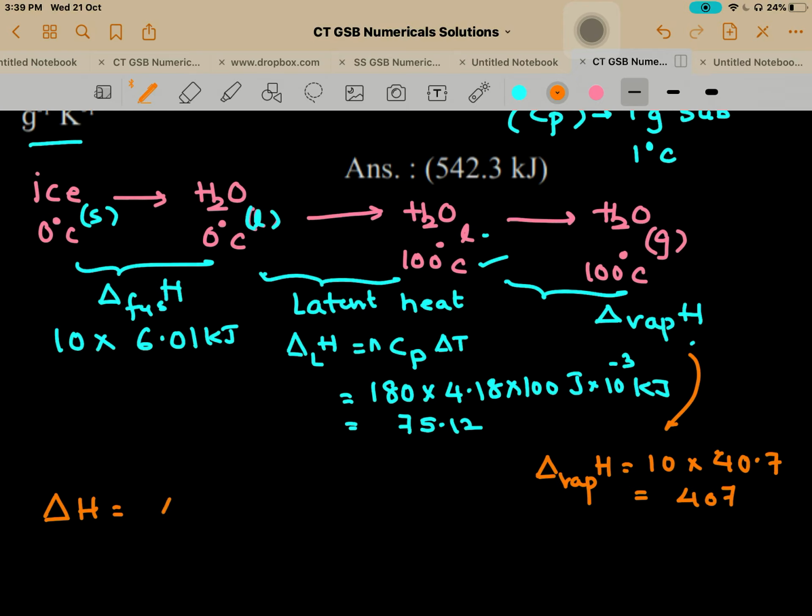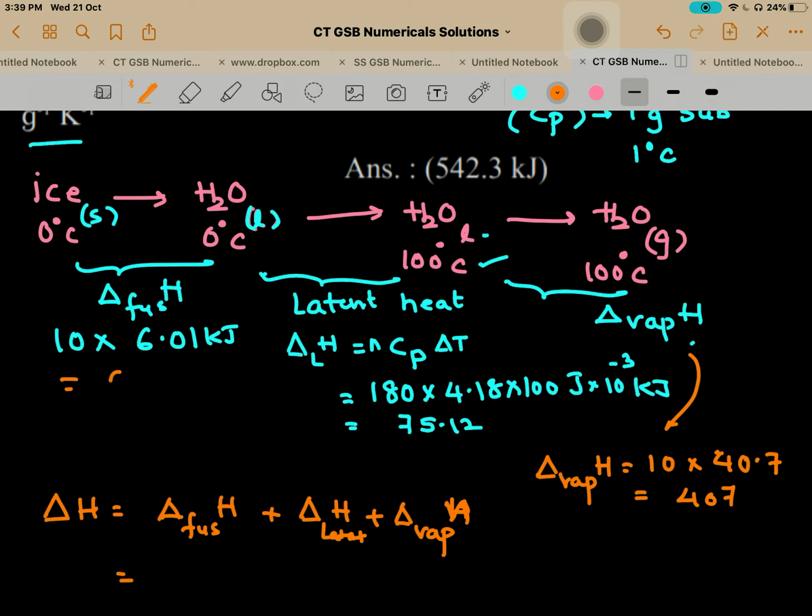And now what you do is you just add up all the values. So total delta H will be delta H fusion plus delta H latent heat plus delta H vaporization. Correct.